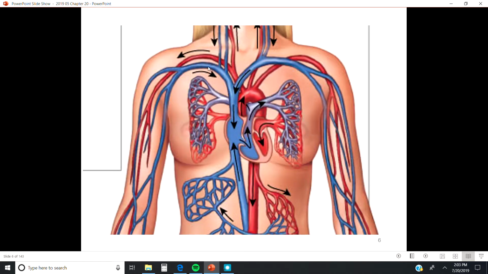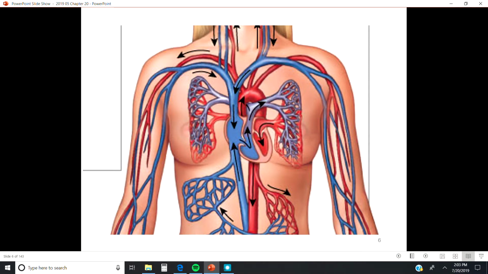When you look over here, again, this is the female's right side, so this is the right side of the heart. This top chamber here is going to be the right atrium, and notice it's receiving deoxygenated blood from the systemic circulation. So once the systemic circulation has deoxygenated blood in it, it all returns to the heart on the right side. So it's going to go to the right atrium.